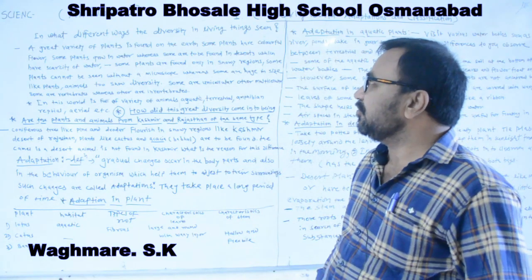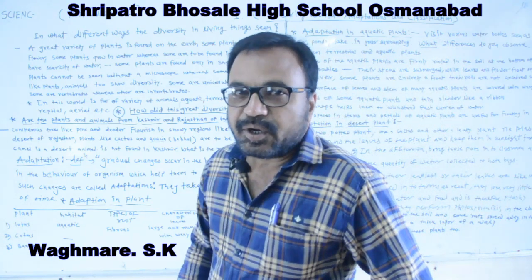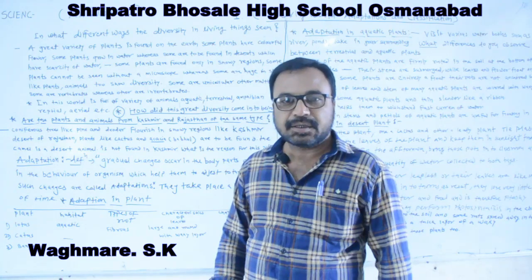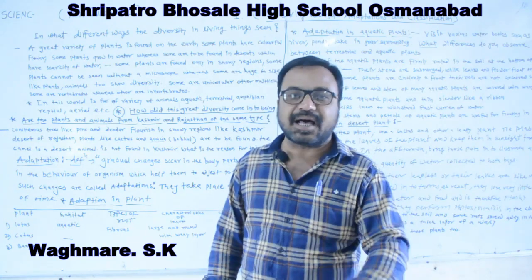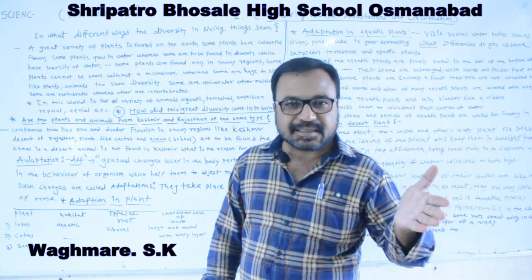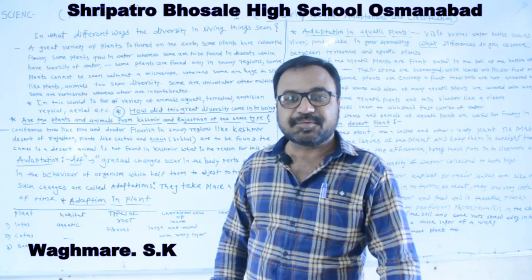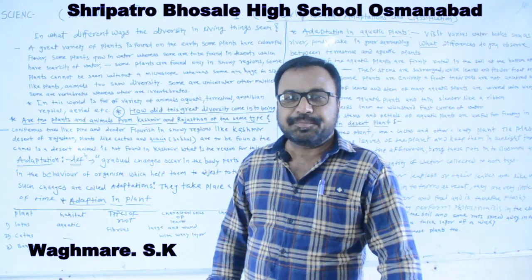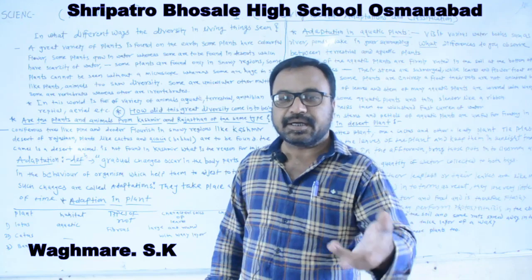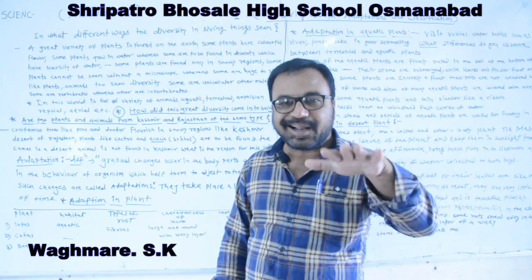In what different ways is there diversity in living things? In the environment, in the living world, so many organisms are living, and these organisms differ from each other. Why do they differ from each other? The main reason is that organisms grow, develop and multiply in a particular habitat.